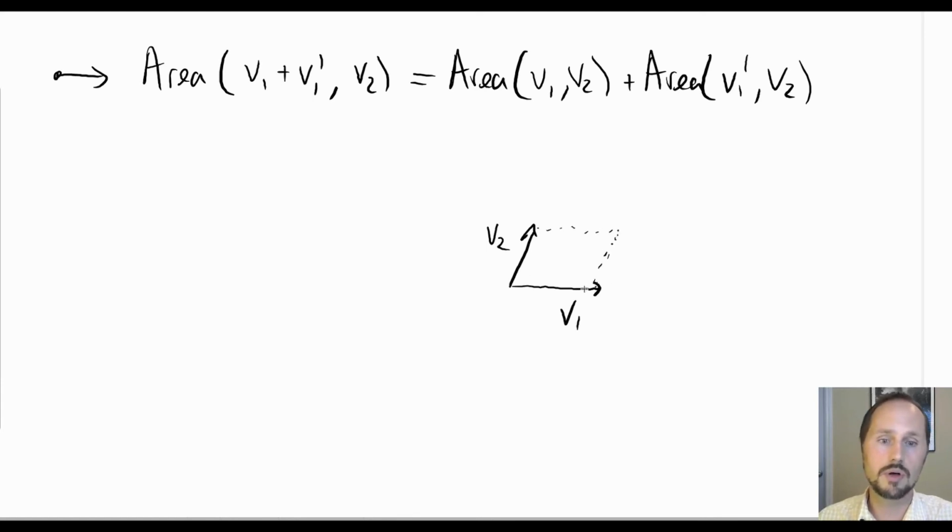And then let's draw that again with the vector v2, and let's draw here that's v1 prime. And so here I get, oh, my parallelogram is not very good, but let's say we get this parallelogram.